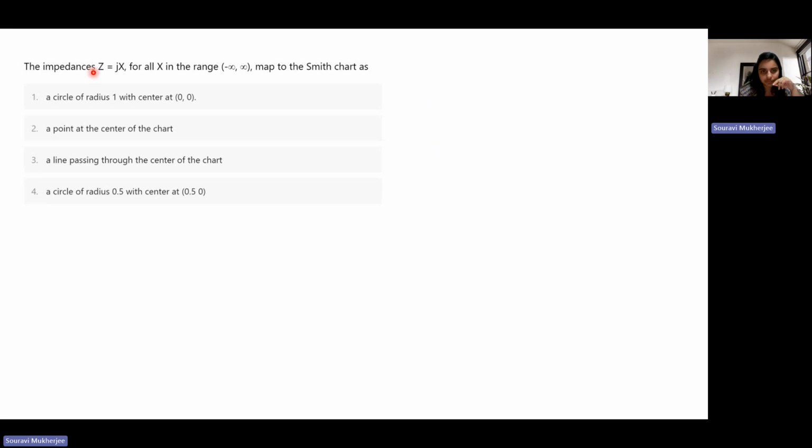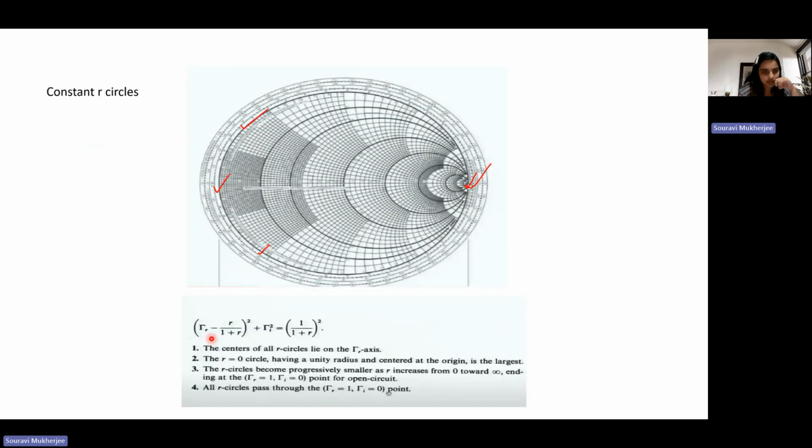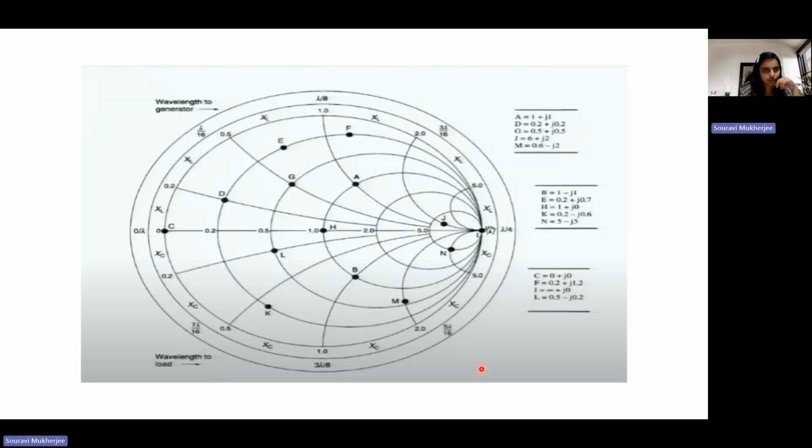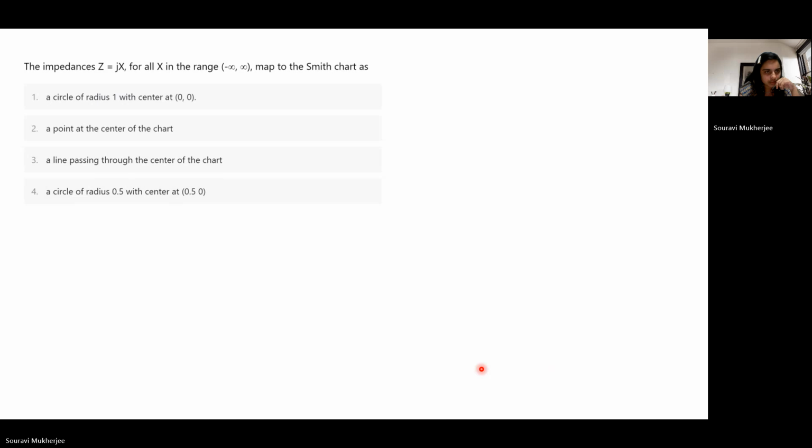If we go back and look at this expression, this was our relation for constant R circles, right? Now if it is a purely reactive load, that is R is 0. So what happens? If we put R to 0, it's a unit radius circle centered at the origin, right? So that's what we have here. It's a unit circle with center at 0, 0.